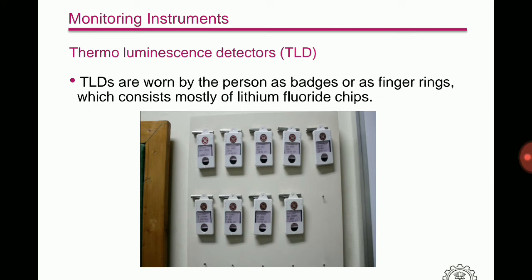Monitoring instruments. TLD badge. You know this very well. TLD means thermoluminescent detectors. The TLD badges are worn by the person as a badge or a fingerprint ring, and consist mostly of lithium fluoride chips.